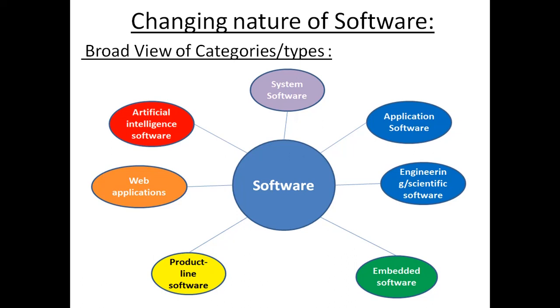And the next one, which I have not mentioned here, is the open source software. There are basically two types, that is open source and free software. I have asked my students many times what the difference is between open source and free software.